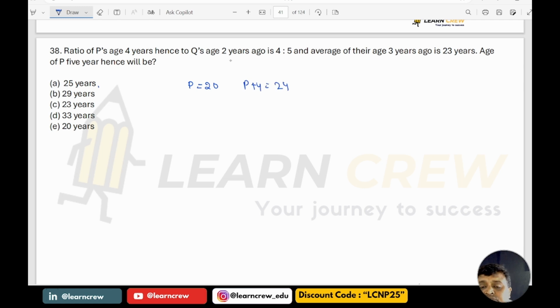And Q's age: if P is 20, Q would be 32, because the average 3 years ago was 23, now 26, sum 52. If Q's present age is 32, Q 2 years ago would be 30. 24 is to 30, which is 4:5, satisfied. So the answer is option A, correct.